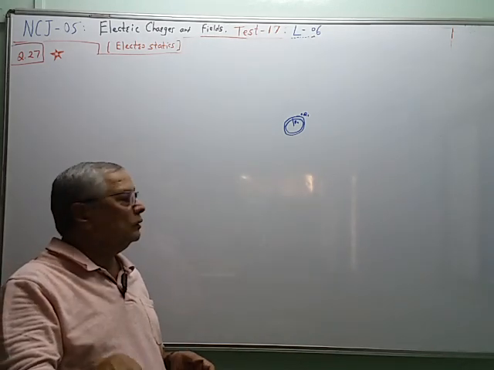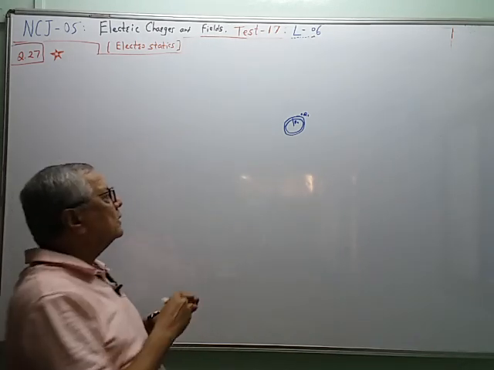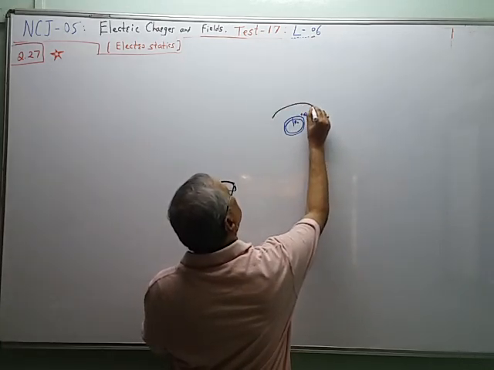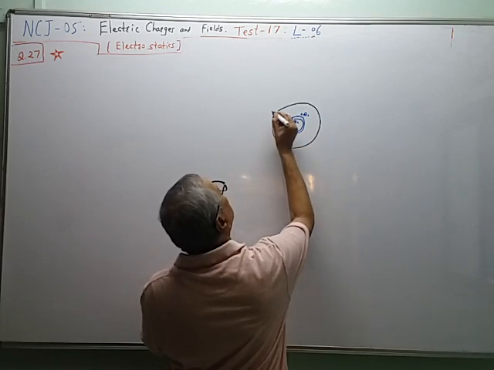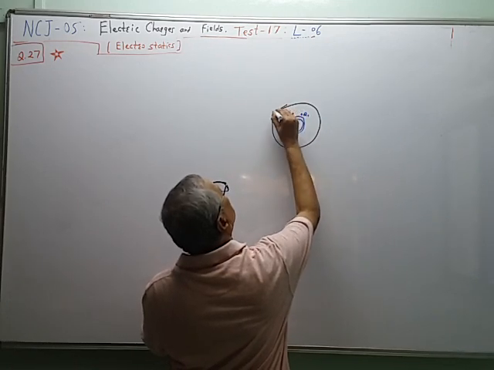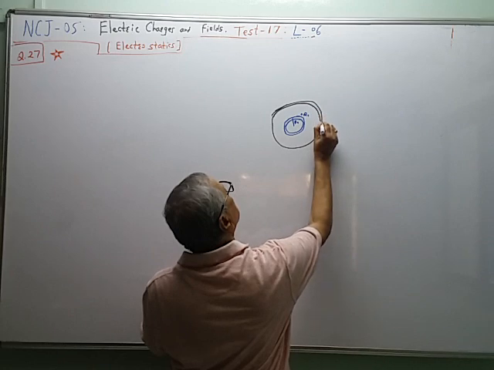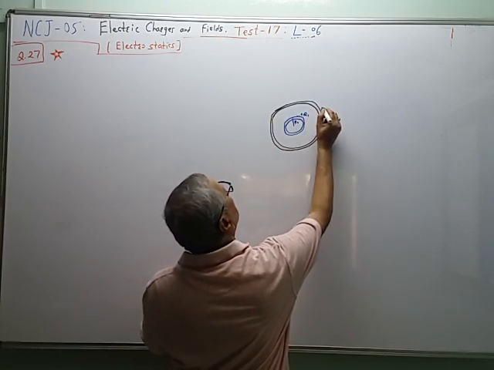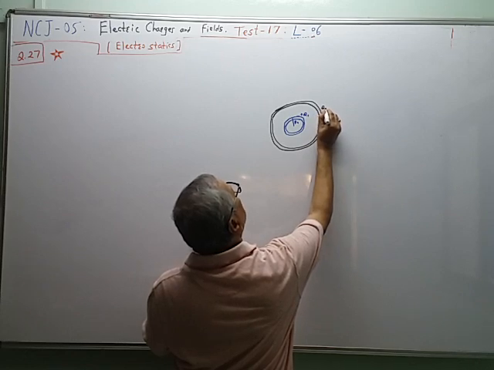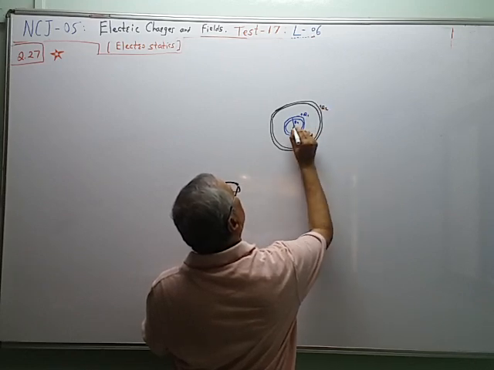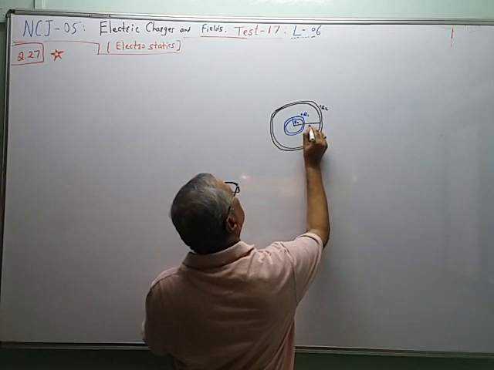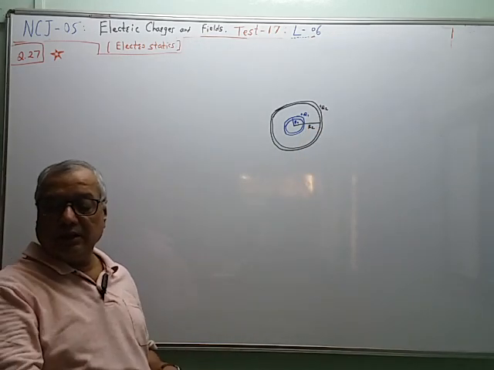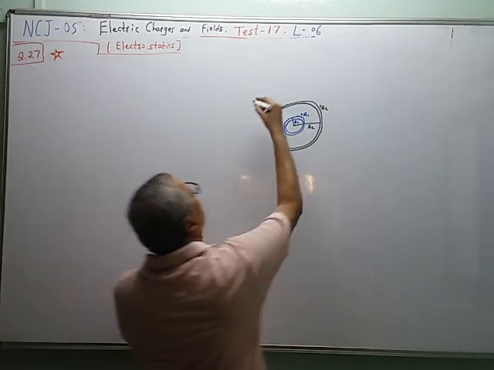Now the second spherical shell is here. This charge is Q2 and this radius is R2. And the third concentric shell is like this.